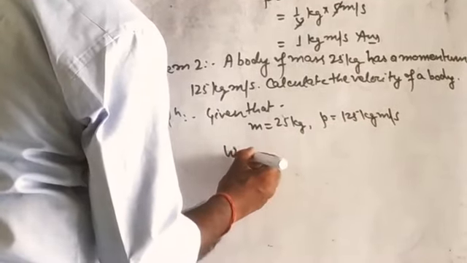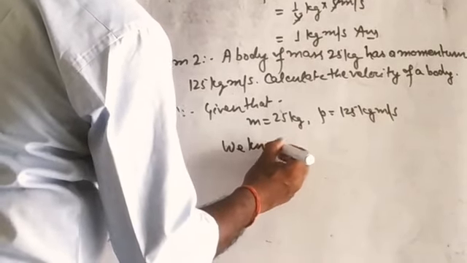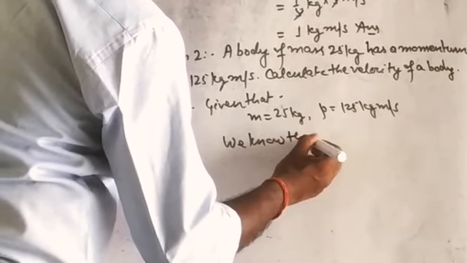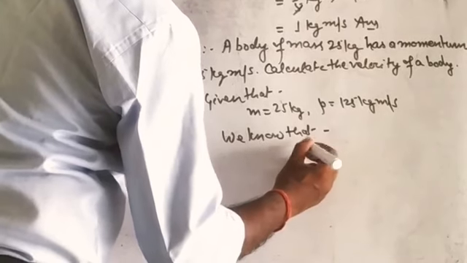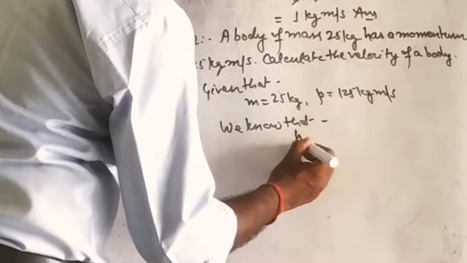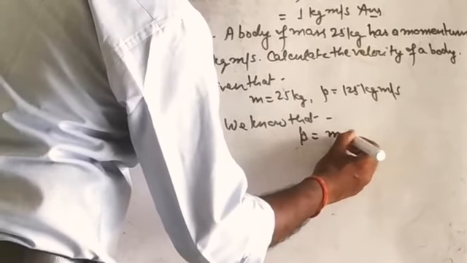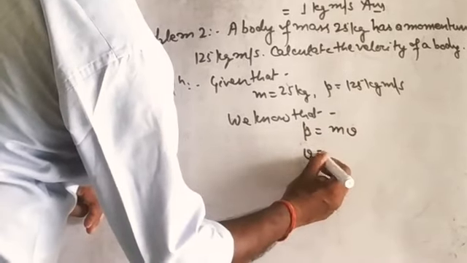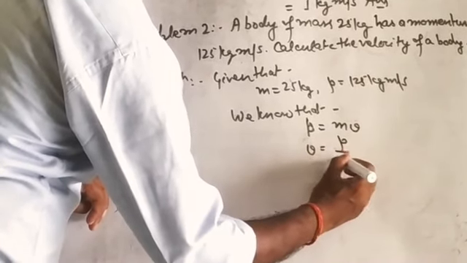We know that p is equal to m into v, or v is equal to p by m.